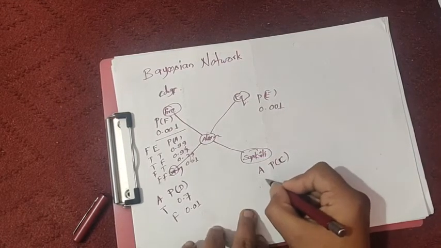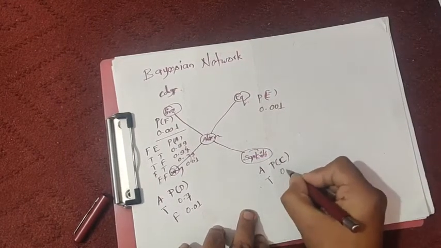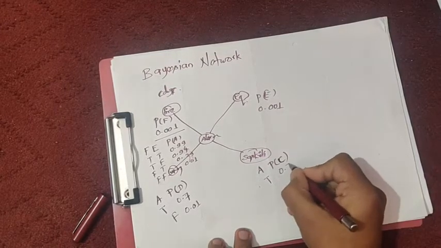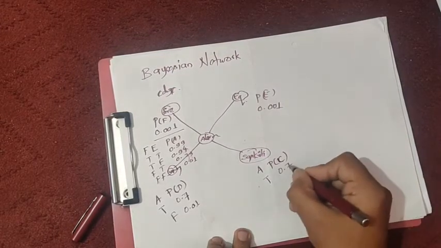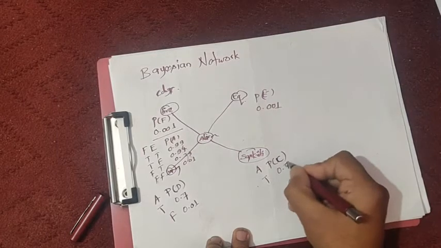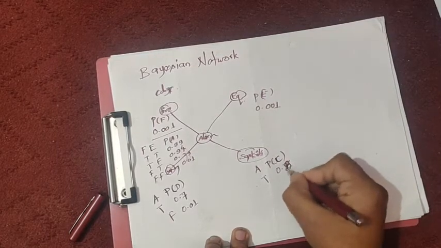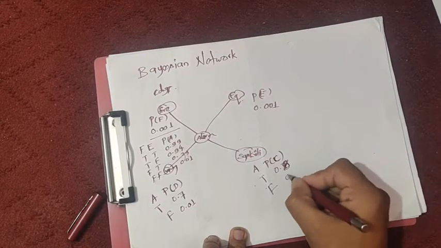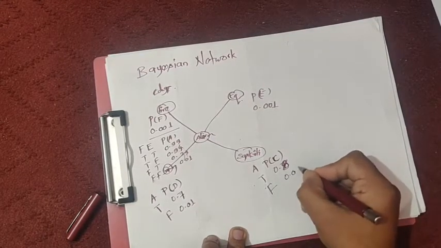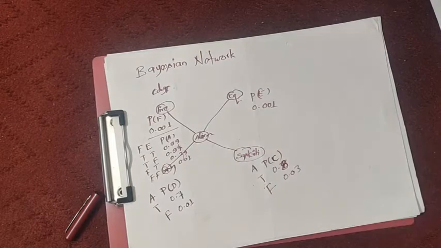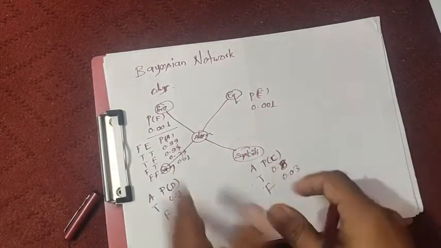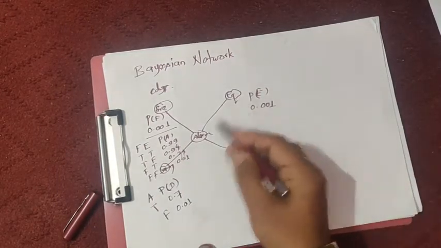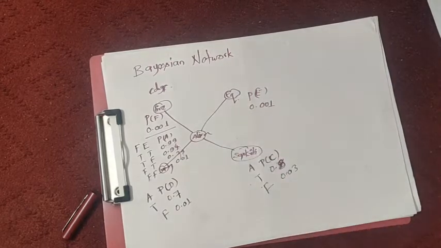If the alarm rings, then the probability is 0.8, somewhat greater, and if false, let us consider 0.03. So this is the probability at each node.